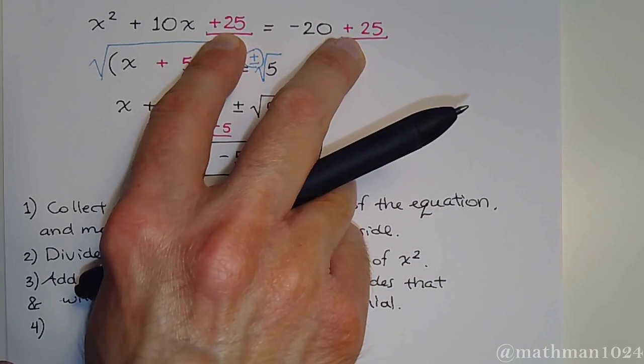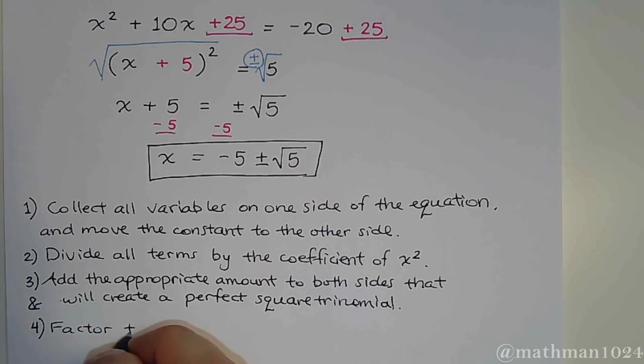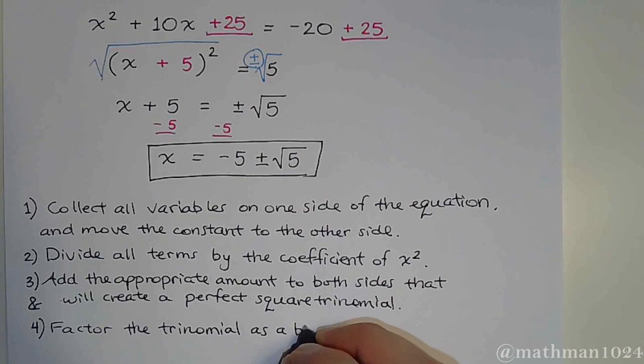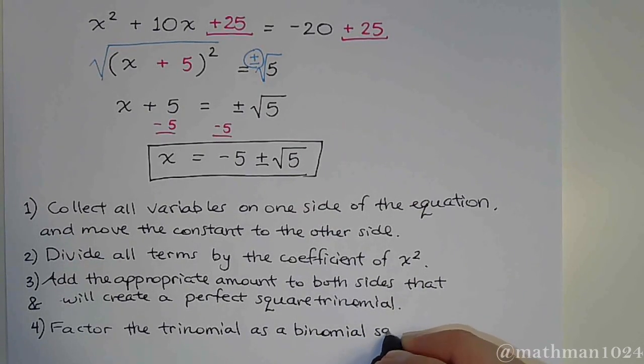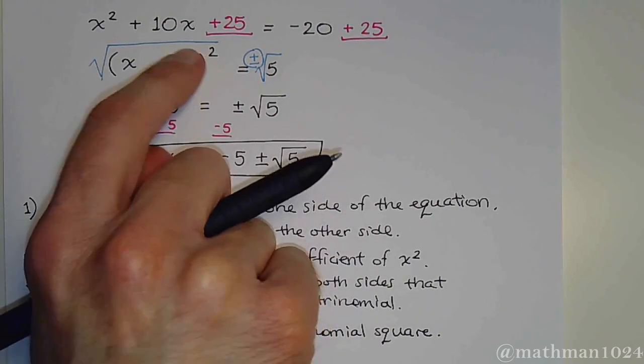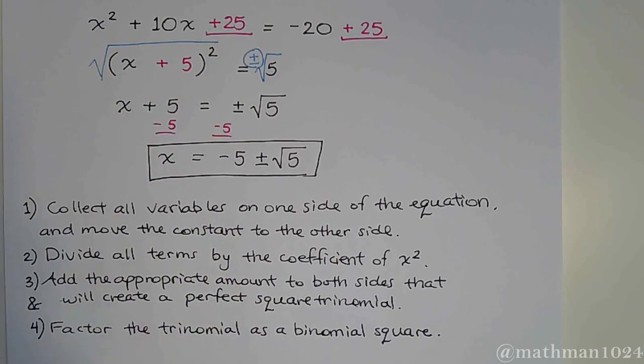But step 4 kind of gets tangled up in this, and step 4 is to factor the trinomial as a binomial square, which is where we went from here to the factored form where we have a square.